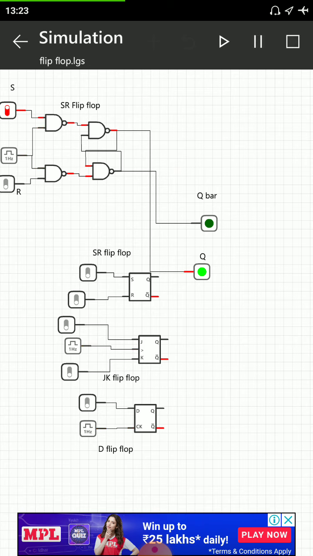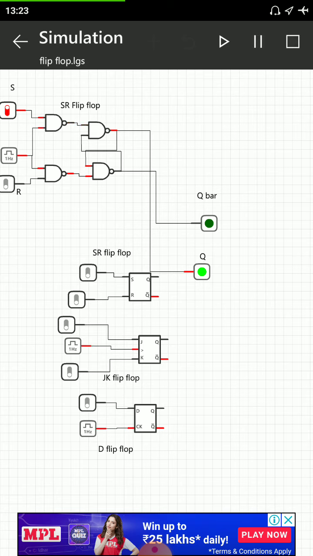Other input to that NAND gate is 0. So this is hardly making any change to the output, because output is high irrespective of the input. Okay, this is your set state.